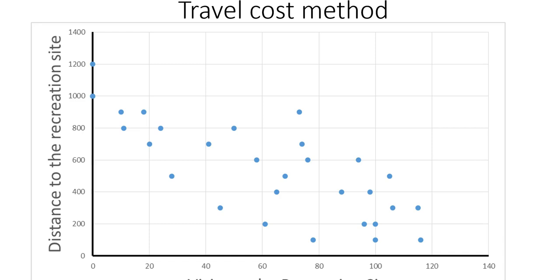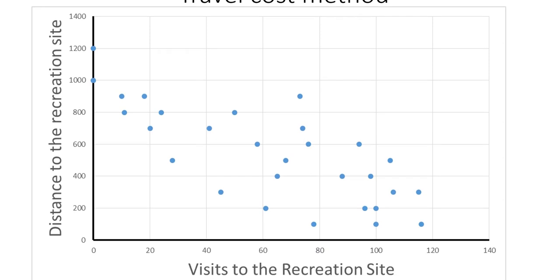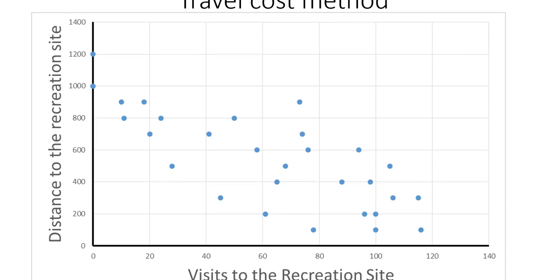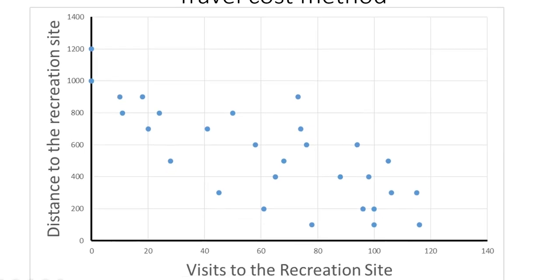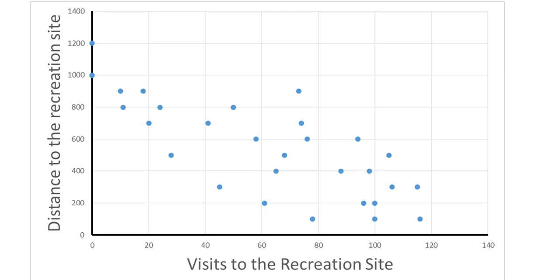So, just to give you an idea of how the travel cost method might work, at the top it says travel cost, and the bottom of this graph says visits to the recreation site.